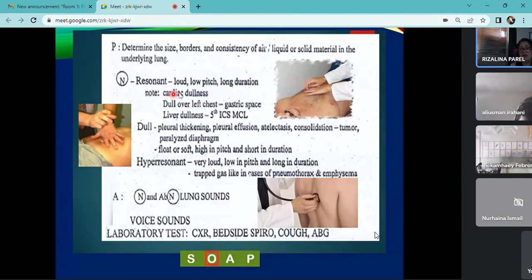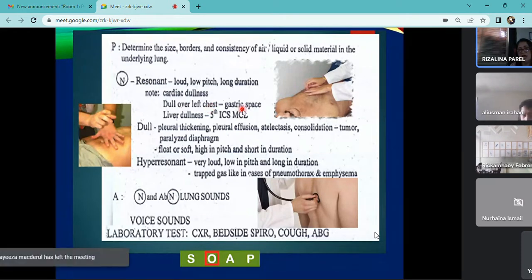So that is cardiac dullness, still normal. There is dull or overlap chest doon sa gastric space niya. Pwede rin niyang mag-appear na resonant sound. And doon sa liver niya, liver dullness. Pero normal yon dahil nga affected lang nung underlying organs.